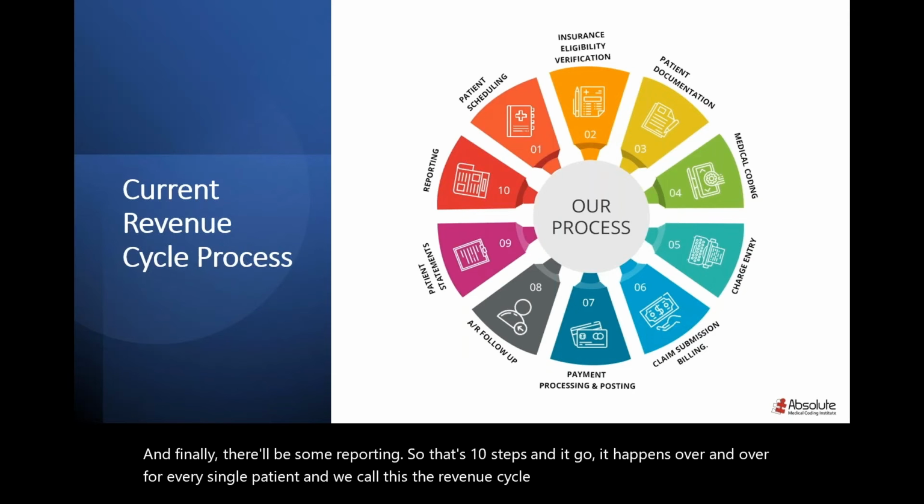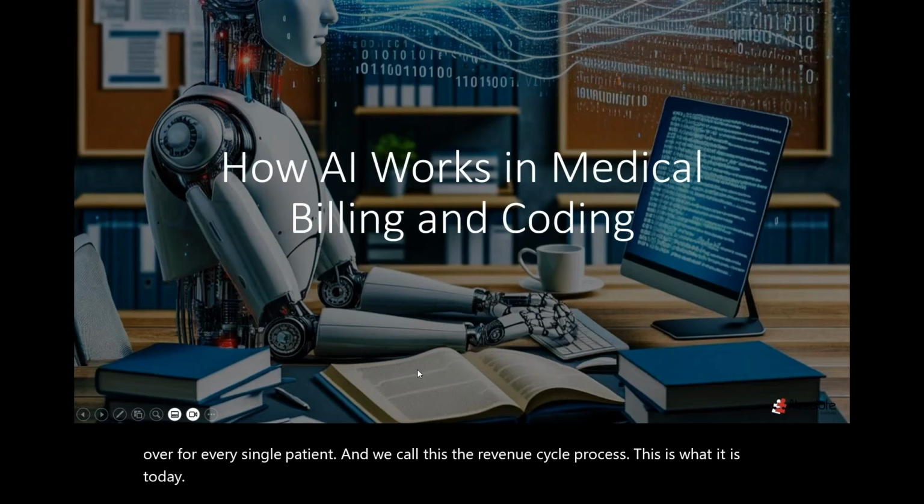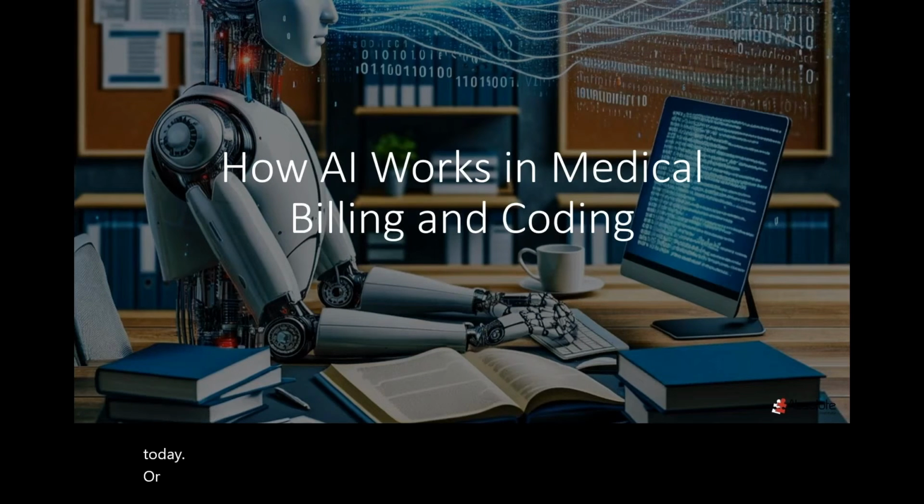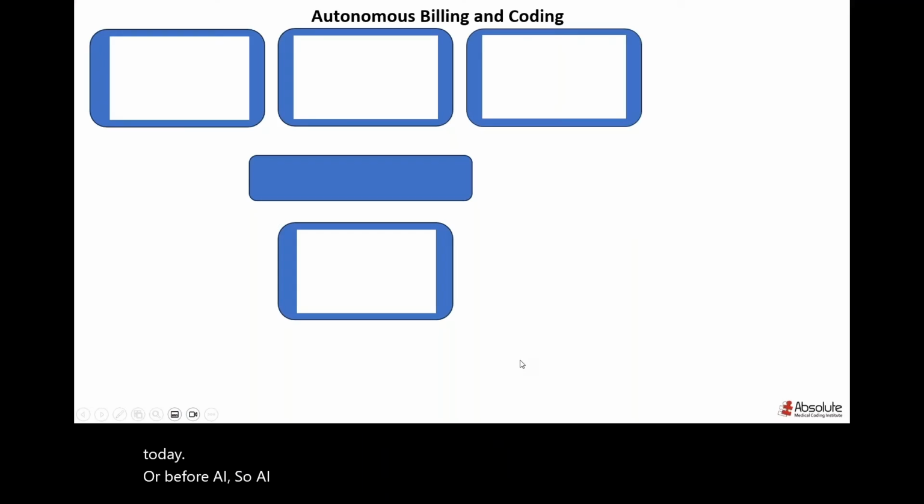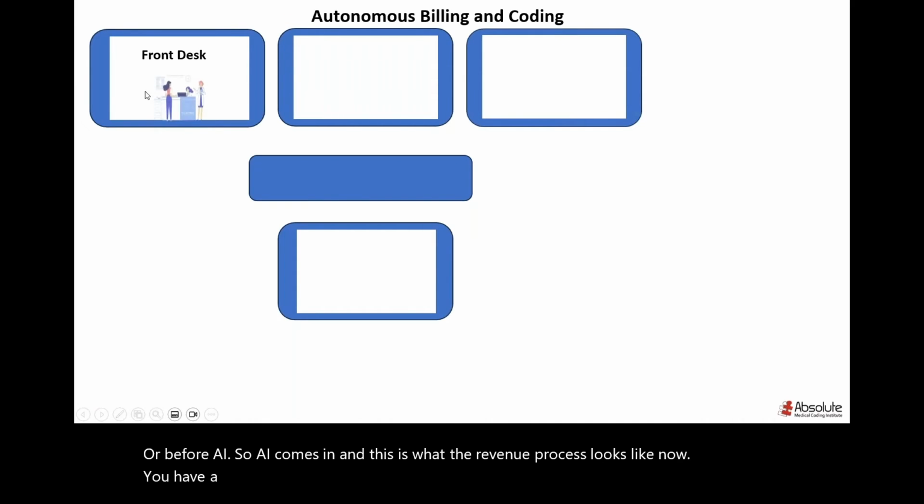This is what it is today, or before AI. So AI comes in, and this is what the revenue process looks like now. You have a front desk. The patient comes to the front desk.